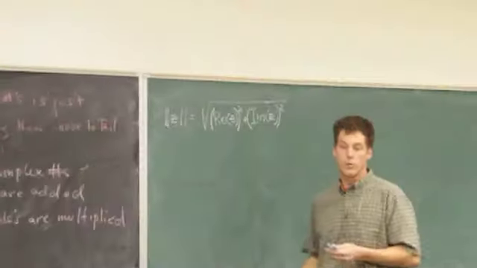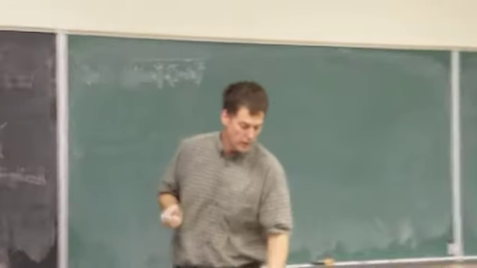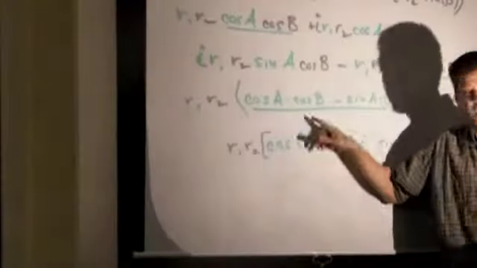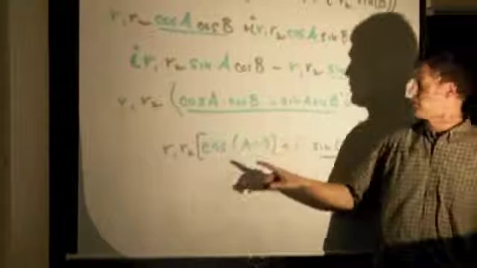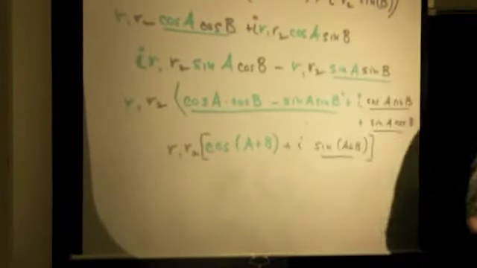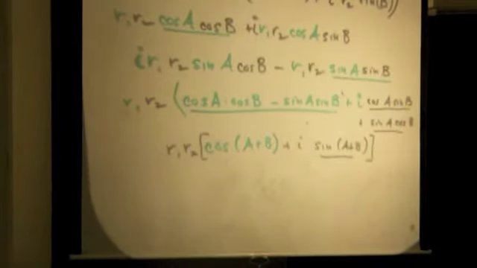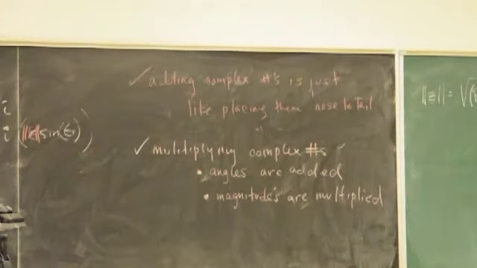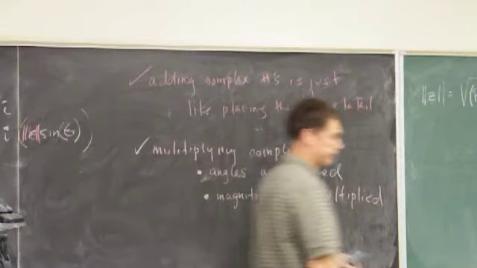It's so handy that we call it a version of the polar form, where instead of talking about the rectangular components, we're talking about the angles and their magnitudes. Okay? So I've kind of proved this to some extent: multiplying complex numbers, the angles are added and the magnitudes are multiplied.